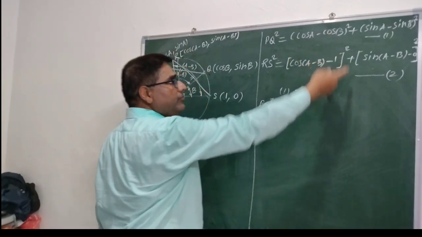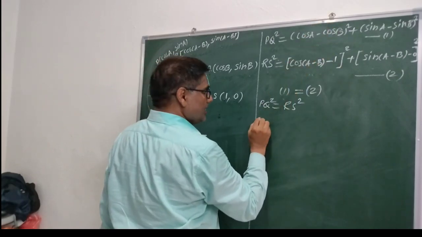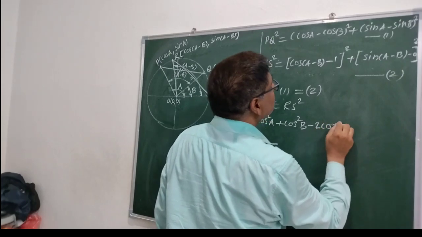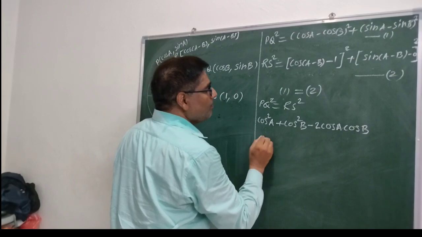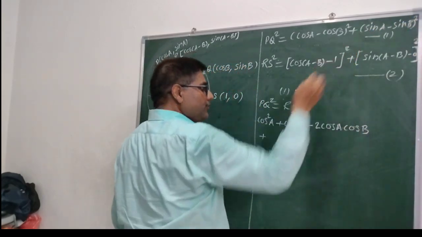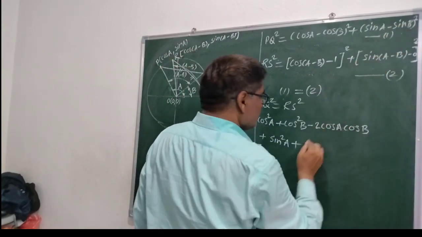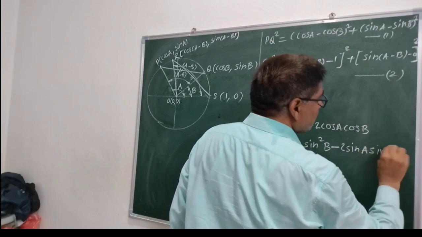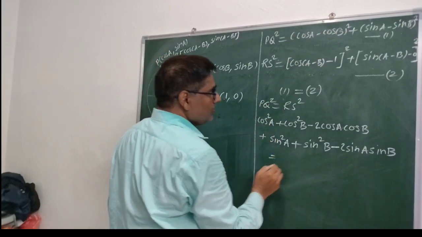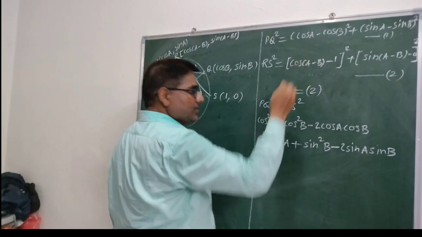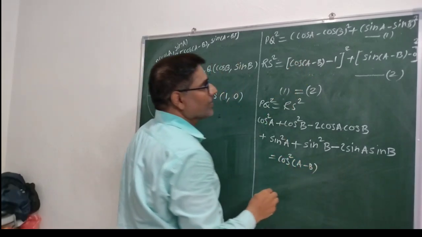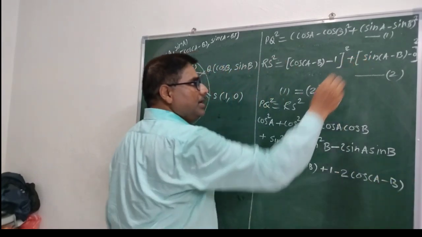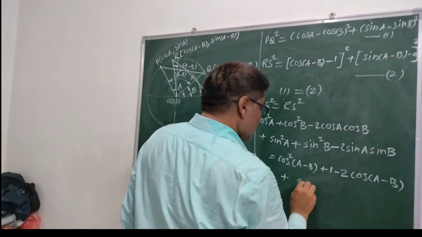The right hand side of equation 1 is, using a minus b whole square, a square, that is cos square A, plus b square, cos square B, minus 2ab, that is minus 2 cos A cos B, plus again a square, that is sin square A, plus b square, that is sin square B, minus 2 sin A sin B. This is equal to the right side of equation 2: square of this, cos square A minus B, plus 1 square, that is 1, minus 2 cos A minus B, plus sin square A minus B.